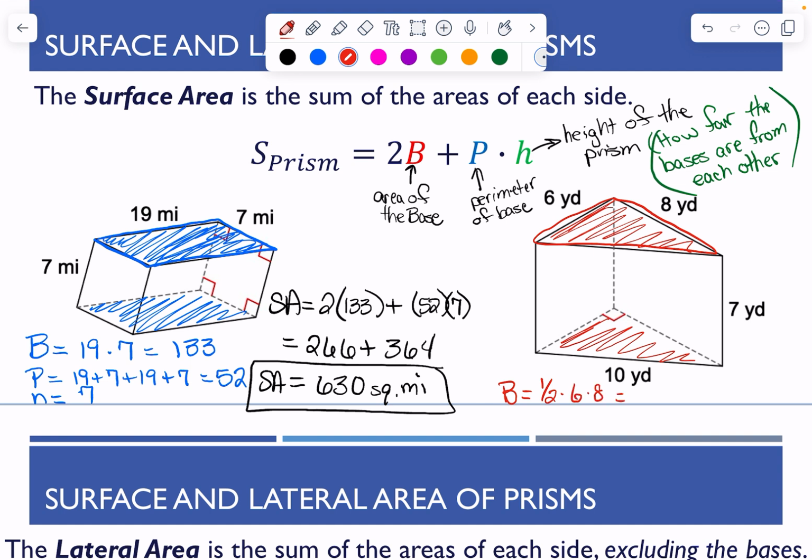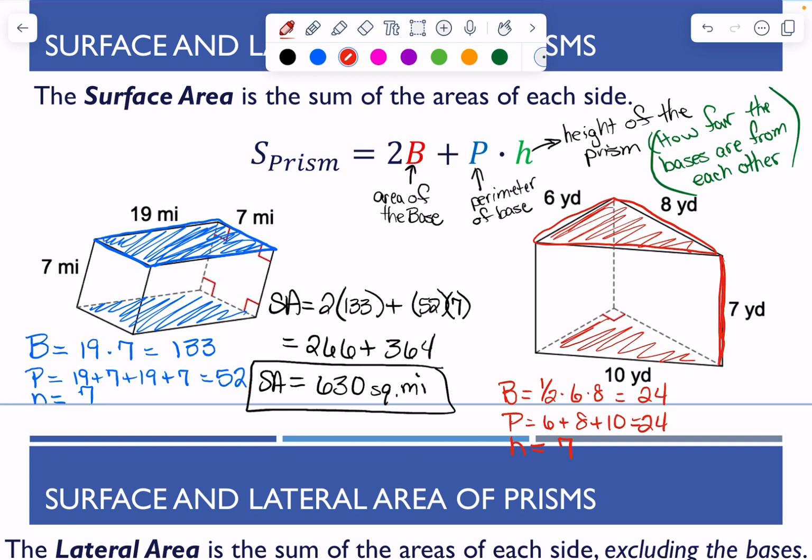So 1/2 of 6 times 8 gives us 24. The perimeter then would be 6 plus 8 plus 10, which gives us 24. And the height of the prism here would be 7, because it is 7 yards between the two bases.